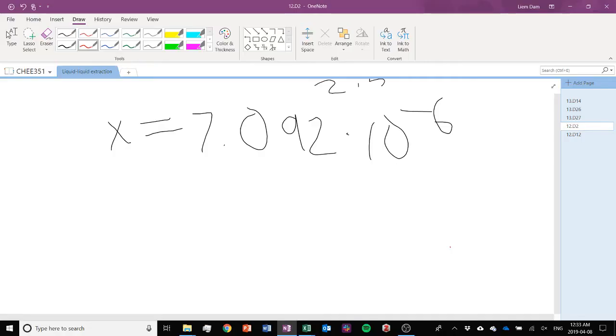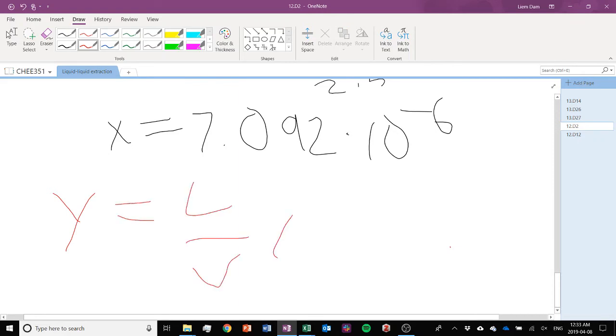We need to write out our operating line equation. And so our operating line equation is y equals L over V times x plus y1. And then the rest we just ignore because x0 is equal to 0.